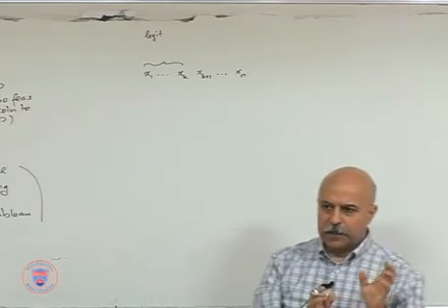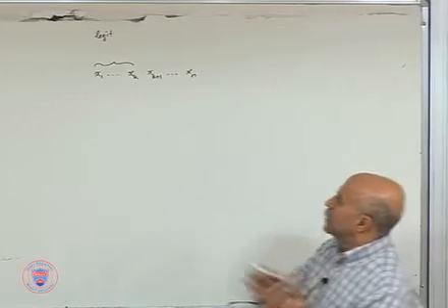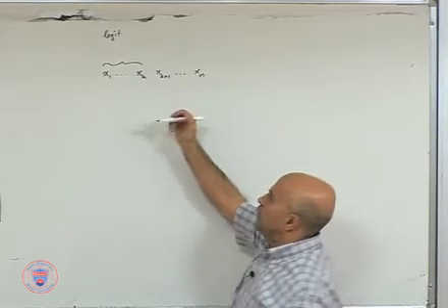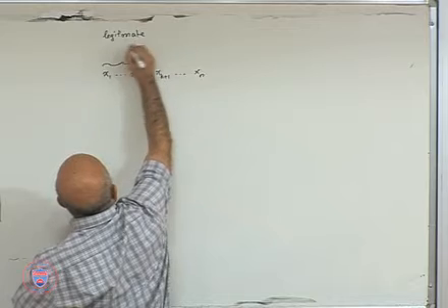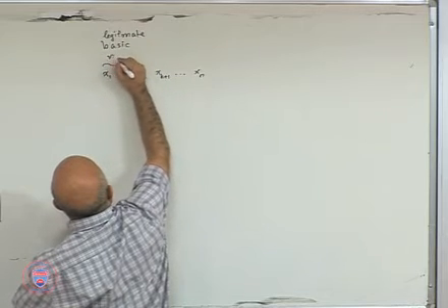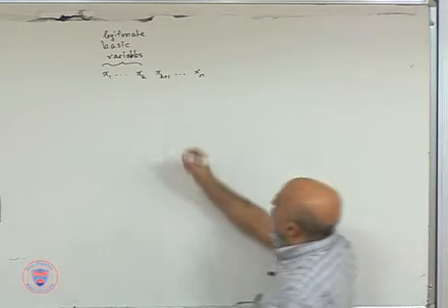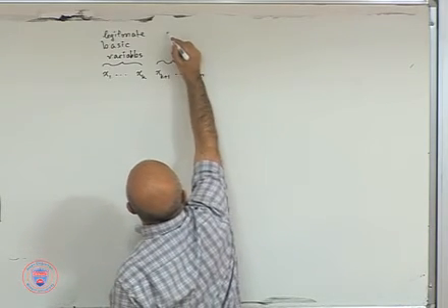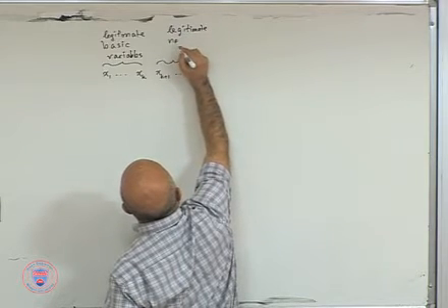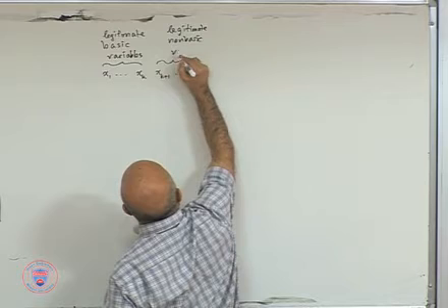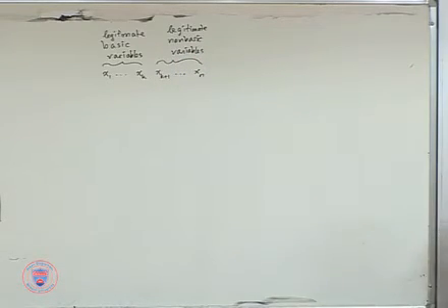Assume that the original problem has n variables. Some of them will be basic, the other ones will be non-basic. That's how I partitioned here. So the legitimate basic variables are the first k of them. And then we have the legitimate non-basic variables, xk plus 1 up to xn.